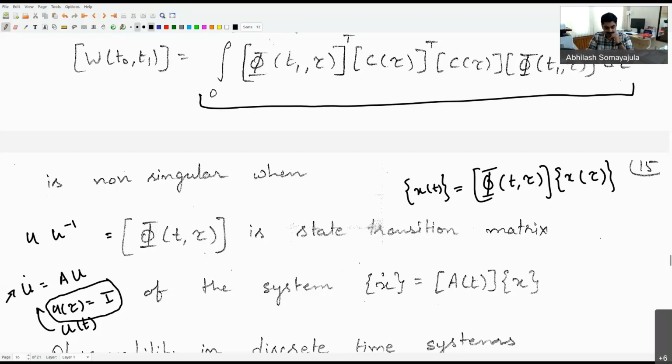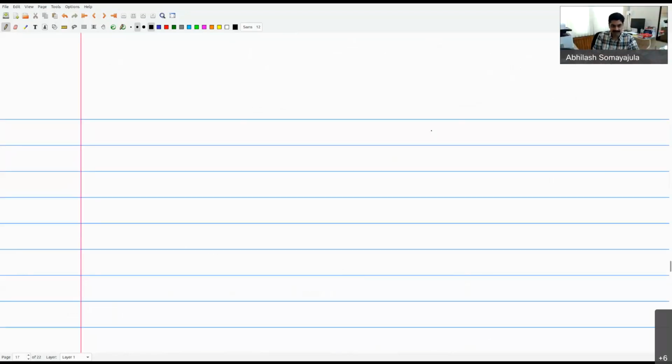What is u, sir? u is just a matrix. Okay, let me see. Let us say that I have my system x dot equal to A times x, right? The simplest case, where I do not have a control input, nothing else being done.